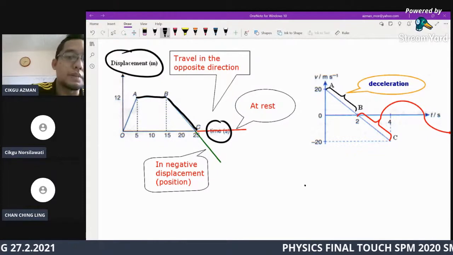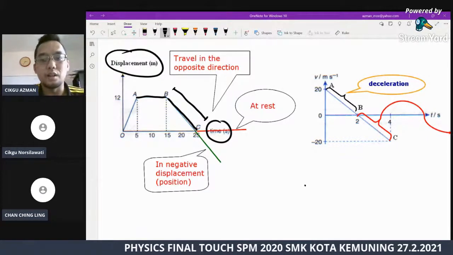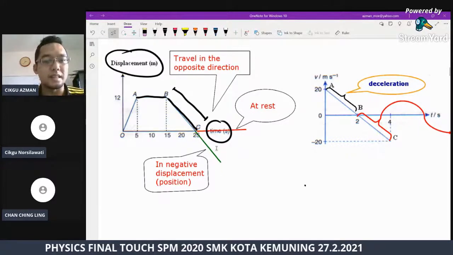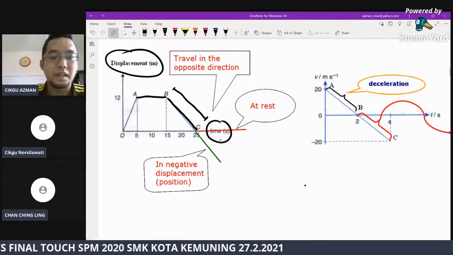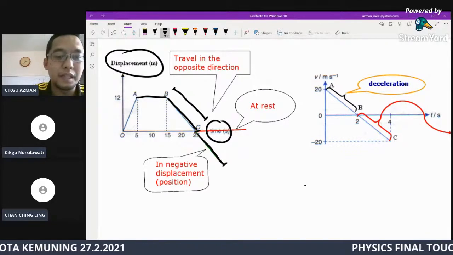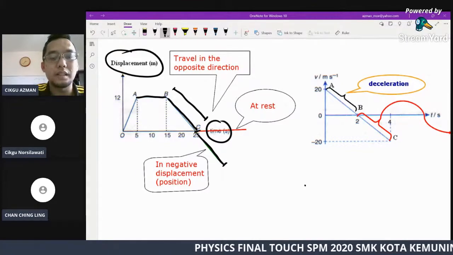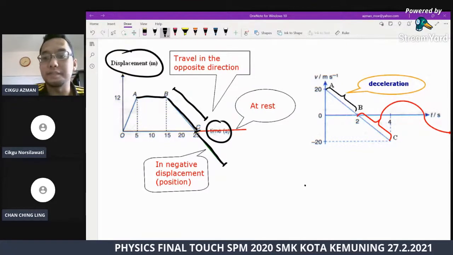Between B and C, the object travel in opposite direction. And once the displacement becomes negative, meaning the displacement is in negative position.